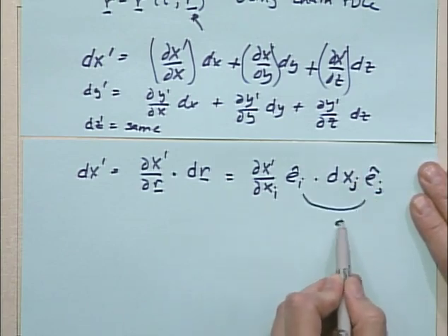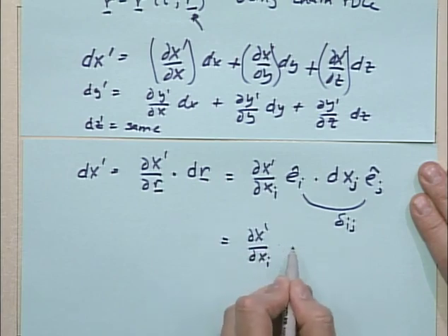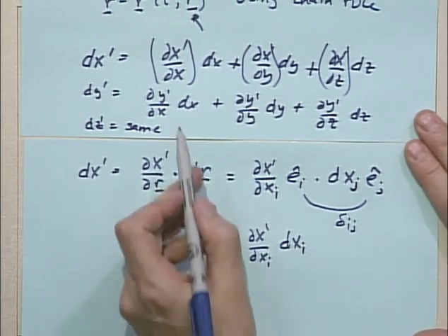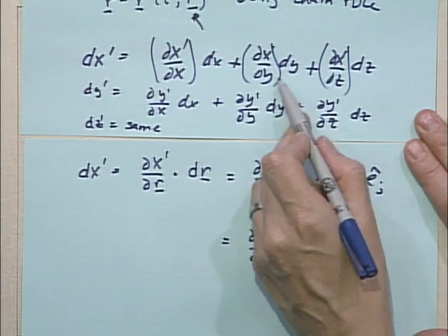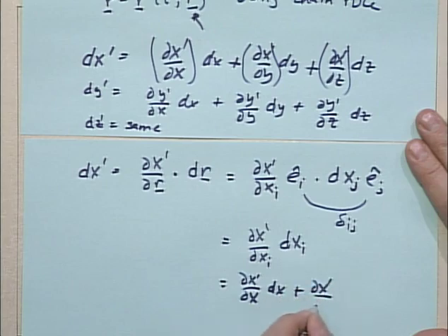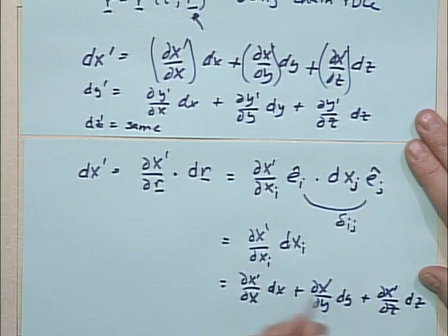So when I dot these together, I get delta ij. I get partial dx prime dx_i dx_i. So these two match, and that's what we have here, right? These two match, these two match, these two match. This is 1, 2, 3, which I could write as partial x prime partial x1, which is x, plus partial x prime partial x2, which is y, plus partial x prime partial x3, which is z. So that is, in fact, the same thing.